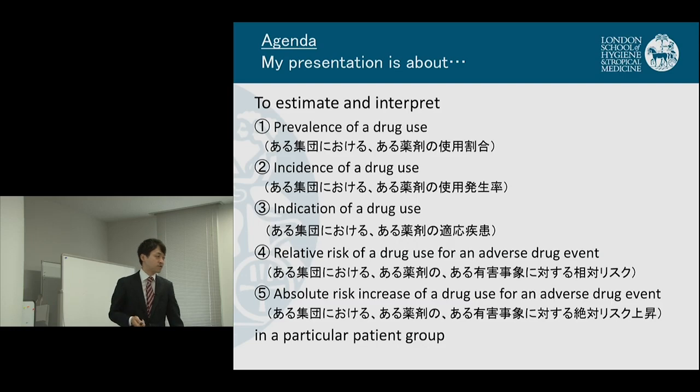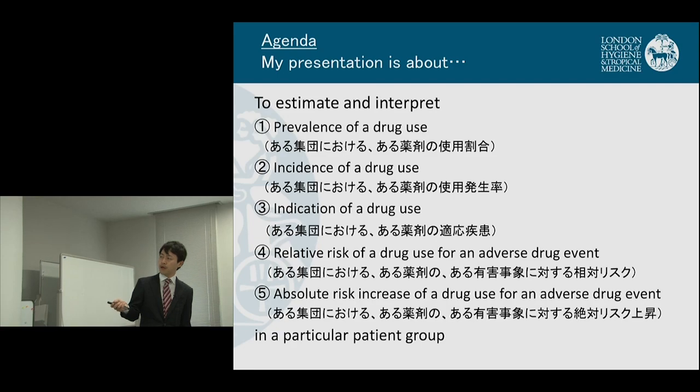If you have any questions or comments during my presentation or at the end, please ask either in Japanese or in English. My presentation is about how to estimate and interpret the prevalence of a drug use, incidence, and indication in a particular group of patients.